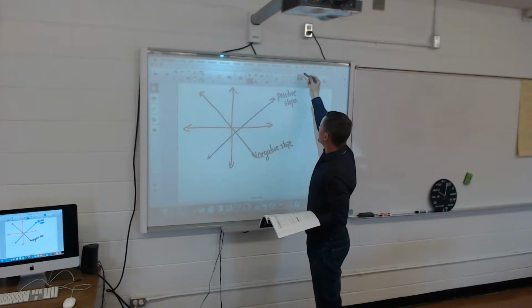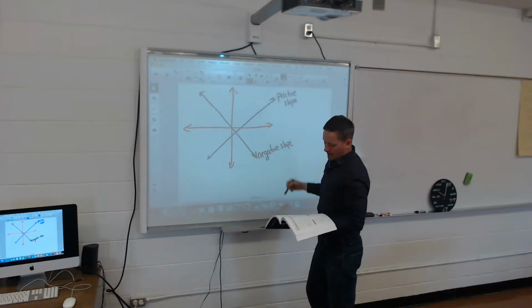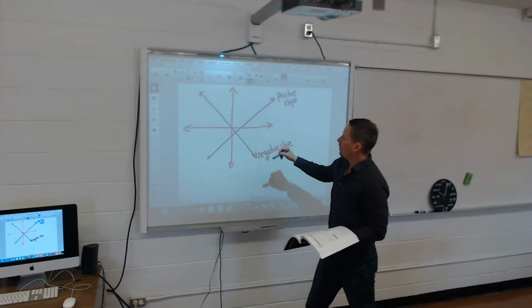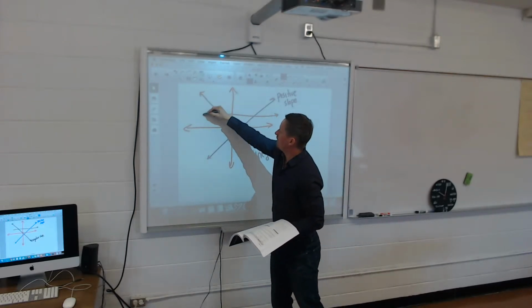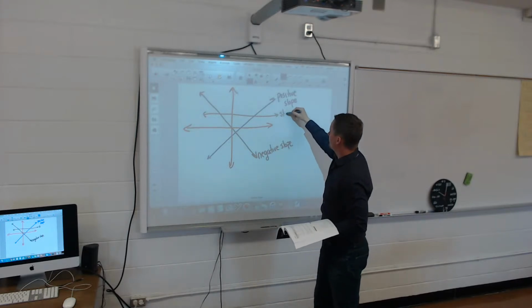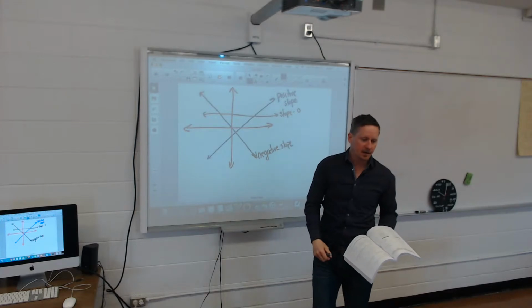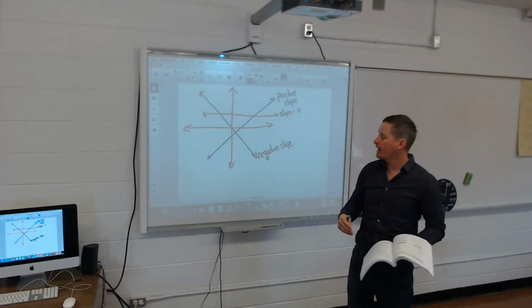And then there's 2 special slopes that we look at. One in which doesn't go up or down. It's a horizontal line. And this slope is equal to 0 because the rise is 0, but it can go left or right.